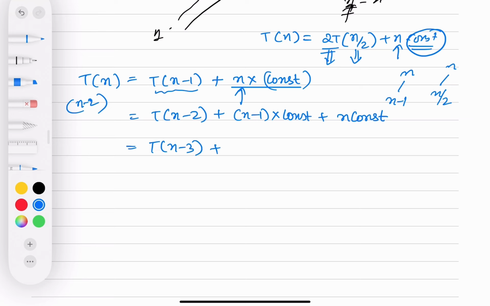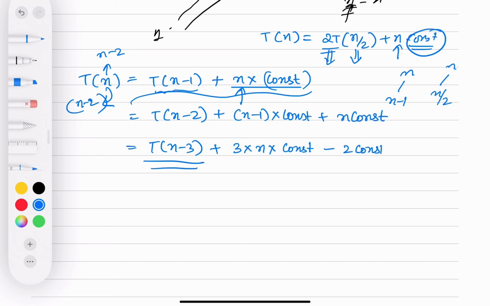See, you put here, instead of n, you put n minus 2. Then instead of n, you put n minus 2. So you will calculate this by this. So T(n minus 3) plus 3 into n into constant minus 2 constant minus constant.